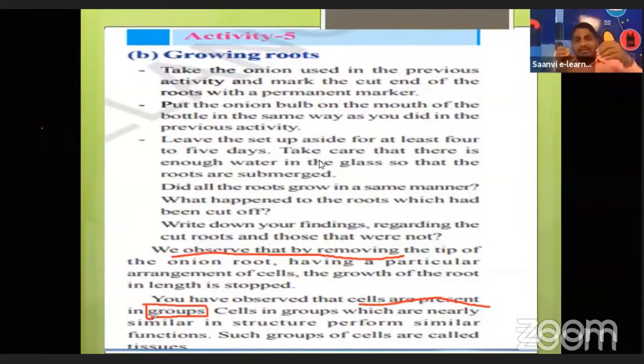Cells in groups which are nearly similar in structure perform similar functions. See here, as I told you just now, the group of cells which are similar in structure can perform similar functions, children.